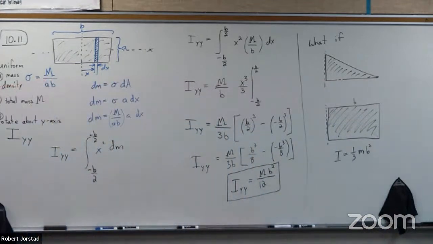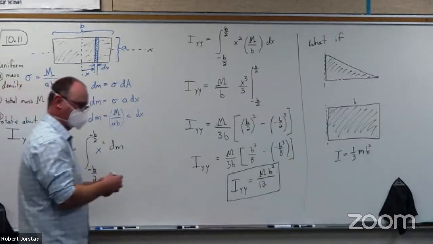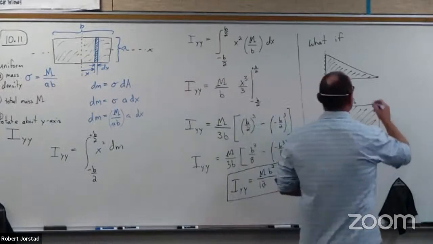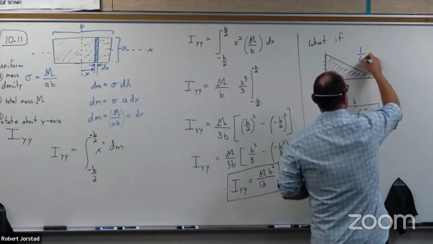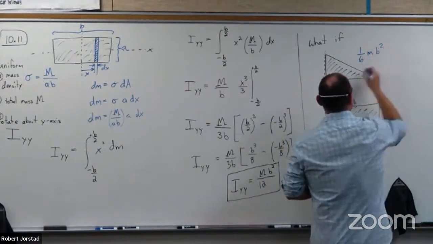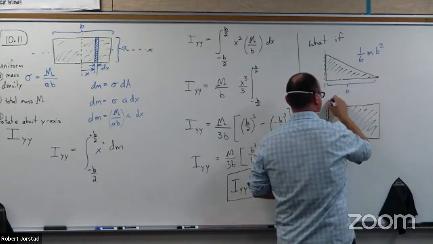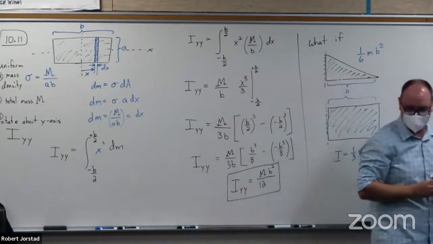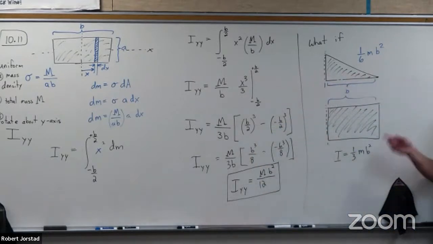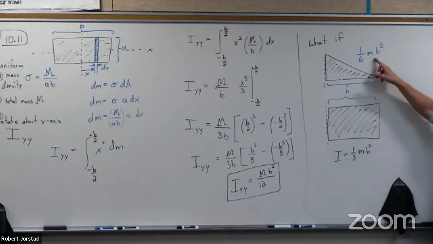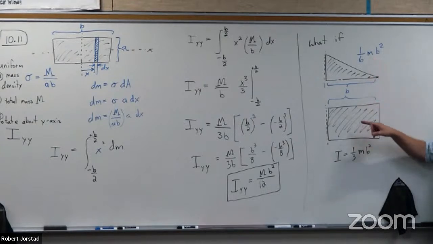If you care, you can do that, 10.13. And I'm going to point out the answer to that is 1/6 m b squared. But wait, didn't I just say it should be less than half? It's not exactly. The mass of this would be less than the mass of this.